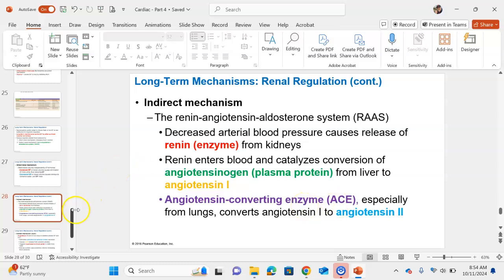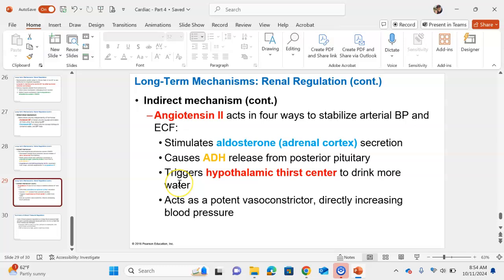Angiotensin 2 is going to act different ways. Well, we already mentioned this one. But these are the three main ways I wanted to focus in on right now that are going to affect blood volume. So angiotensin 2 is going to stimulate cells in the adrenal cortex to release a hormone called aldosterone.